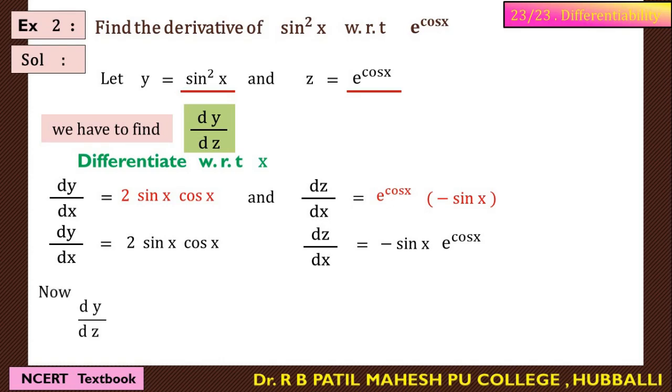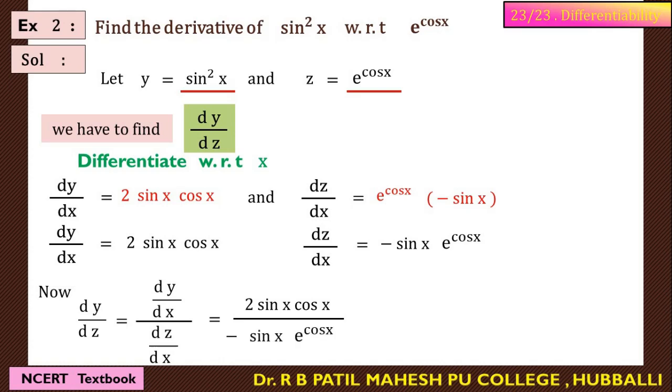So now I am finding dy by dz. So it is equal to dy by dx divided by dz by dx. So here dy by dx is 2 sin x into cos x divided by, and dz by dx is minus sin x into e raised to cos x.